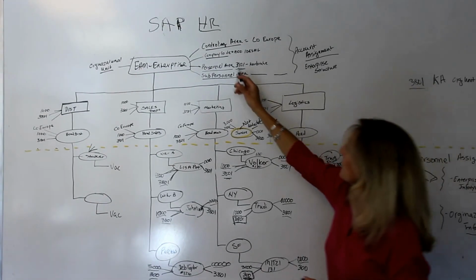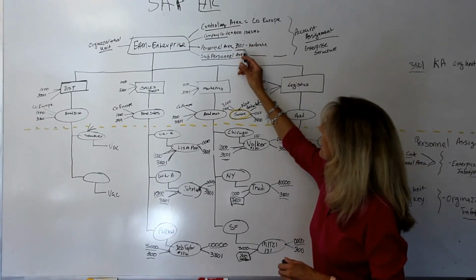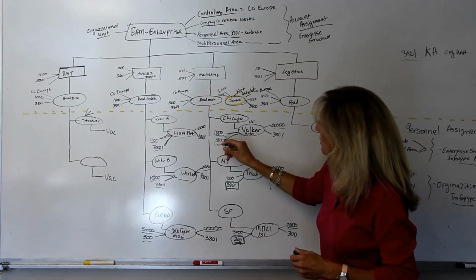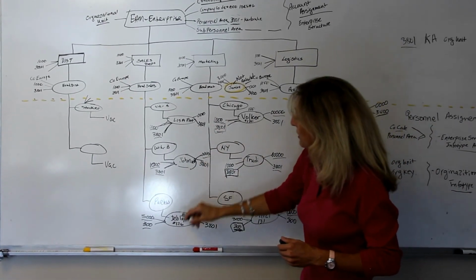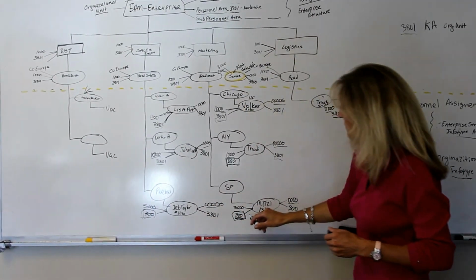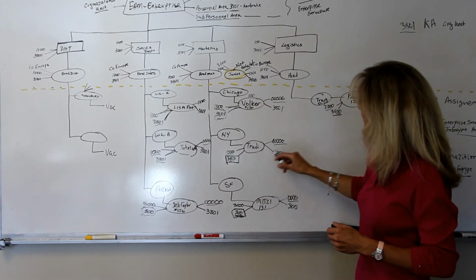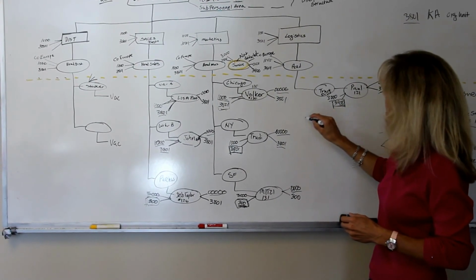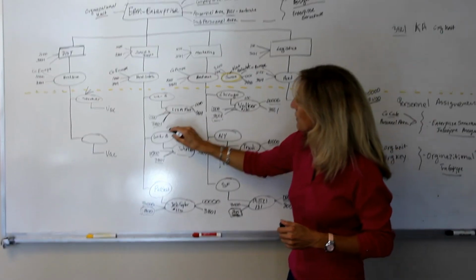Well, the personnel area you can assign to your personnel. And as you can see, some of them are assigned to 3801, but others are assigned to like 3000, which is Boston or the US somewhere, or like 3400, which is a different organizational unit.